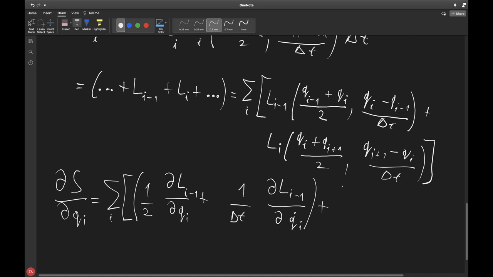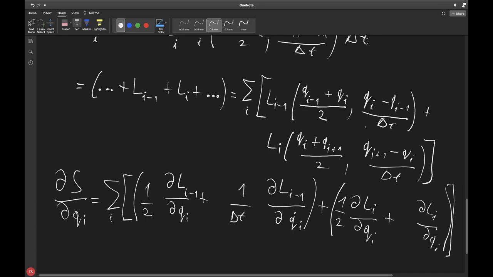And then I will have very similar things for the L_i. So again, I have a 1/2 in front of the q_i. So I have a 1/2 derivative of L_i by q_i. And I add to this the derivative of L_i by the q_i dot.